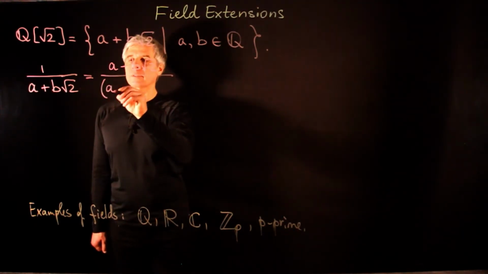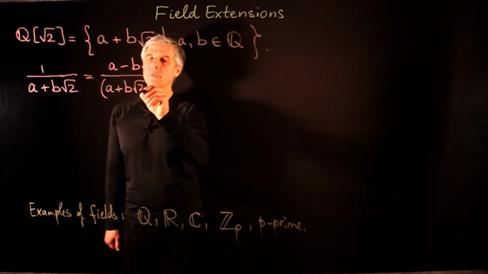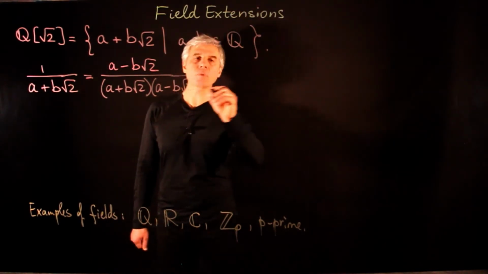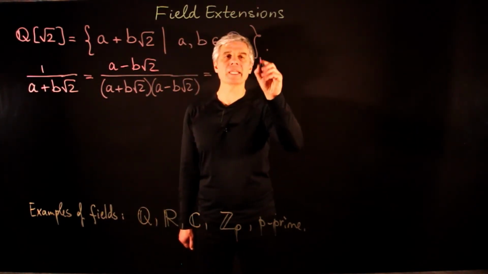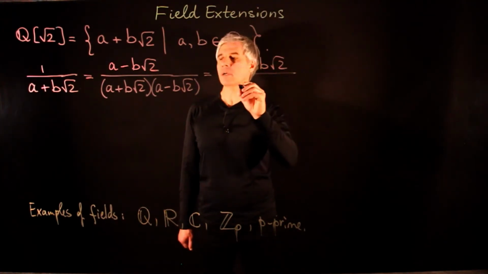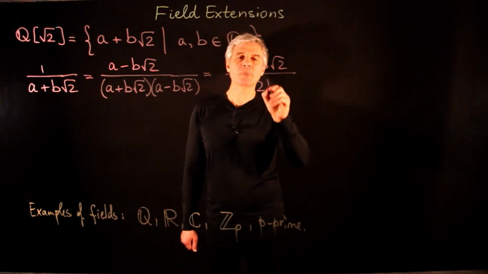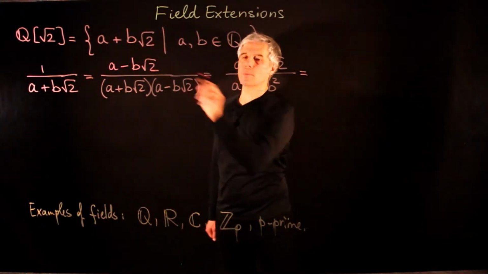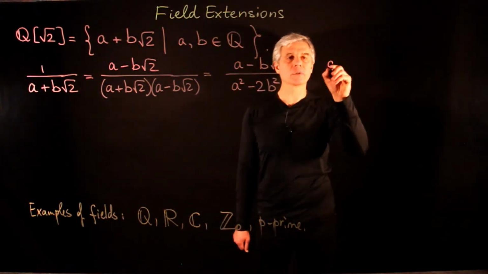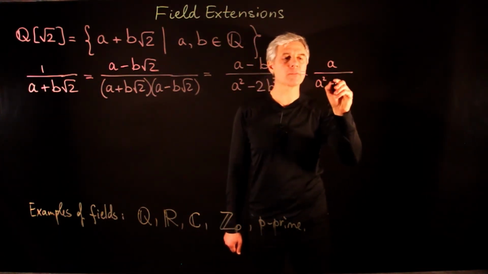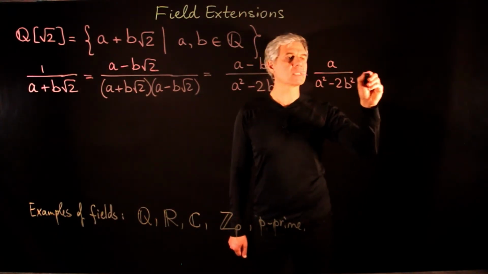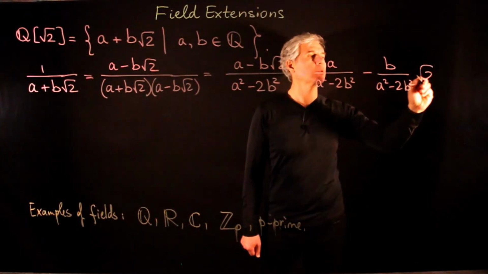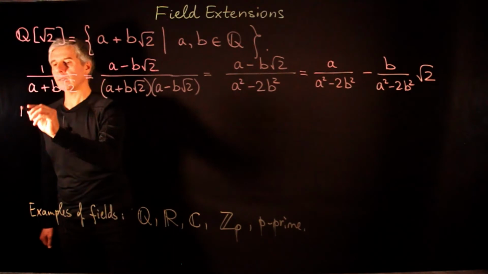In the denominator we get a plus b square root of 2 times a minus b square root of 2, and by a well-known formula, we get a minus b square root of 2 over a squared minus 2b squared. Then this becomes again an expression of this form, because now the denominator is rational. So we have a over a squared minus 2b squared minus b over a squared minus 2b squared times square root of 2.